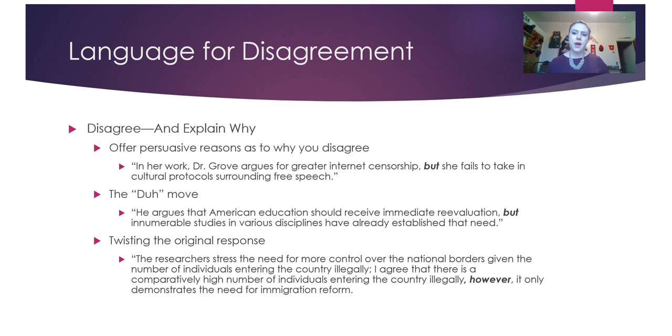The dumb move is not as common, but it is effective if you come across a perspective that's stating the obvious or is arguing for something that really isn't necessary or realistic. So for example, he argues that American education should receive immediate reevaluation, but innumerable studies in various disciplines have already established that need.